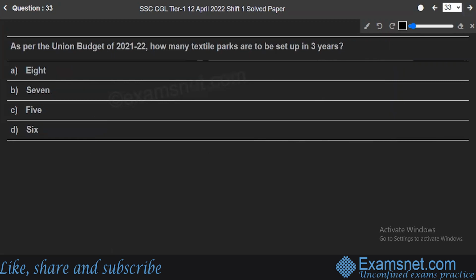As per the Union Budget of 2021-22, how many textile parks are to be set up in 3 years? Is it 8, 7, 5, or 6? The government has unveiled a scheme for setting up mega textile parks in the country. Finance Minister Nirmala Sitharaman made an announcement while presenting the budget 2021-22 in Parliament.